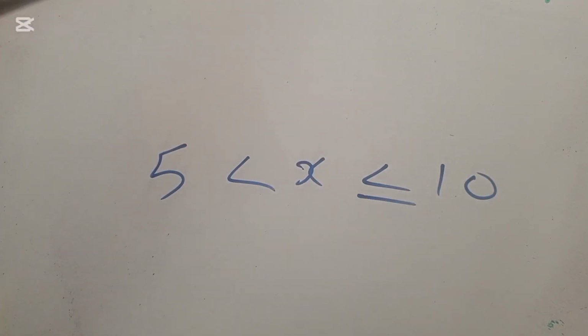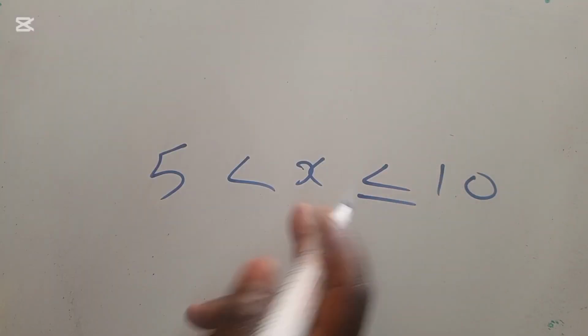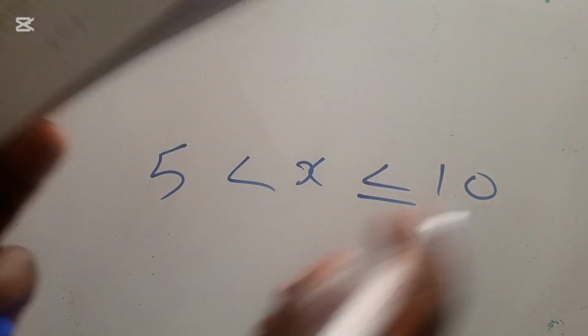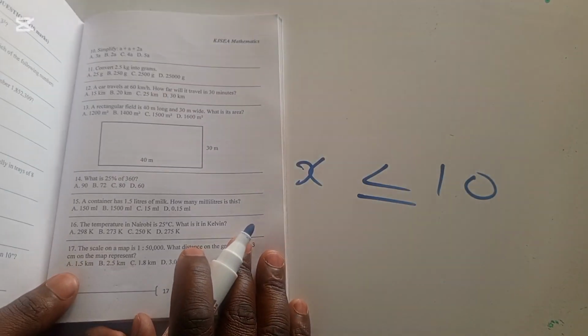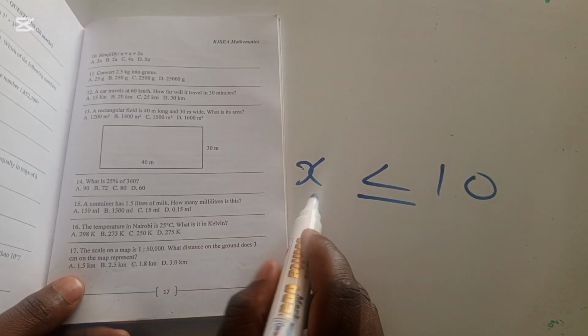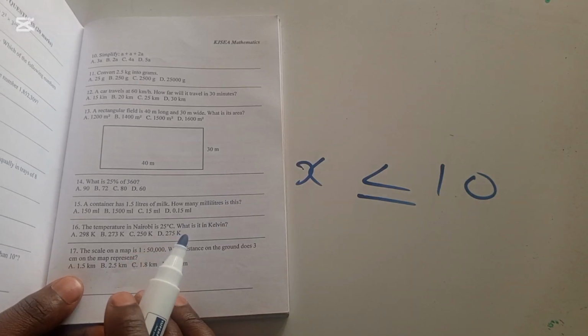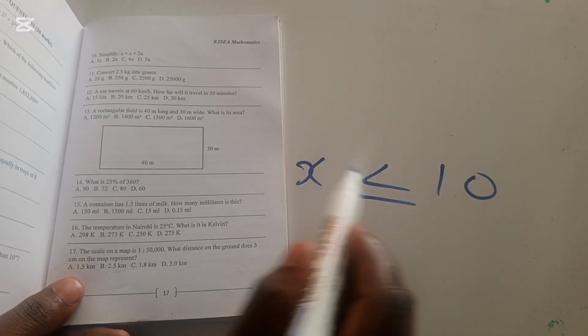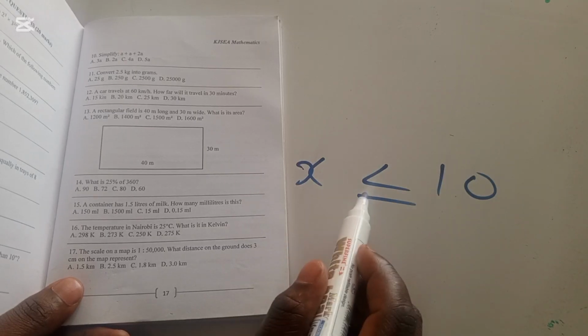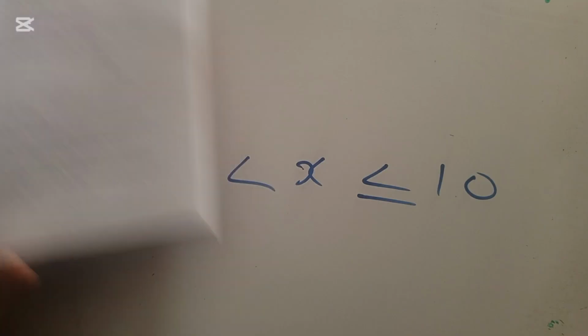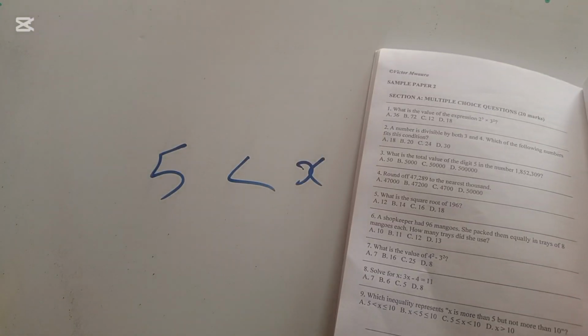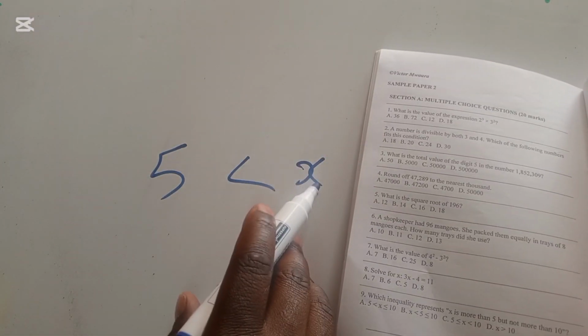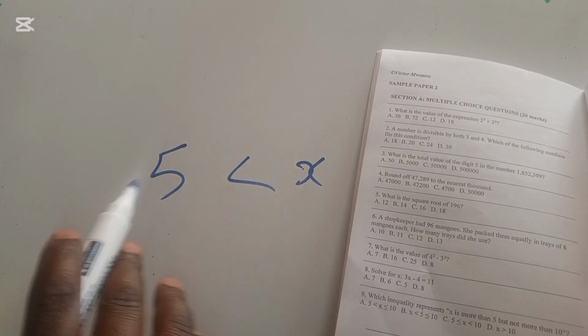So this one has a less or equal. X is less or equal to 10. If you look at this part, you would say x is not more than 10. It means it could be 10, it could be 9, it could be 7, 8, but no more than 10. But this part certainly reads as 5 is less than x, or x is more than 5.